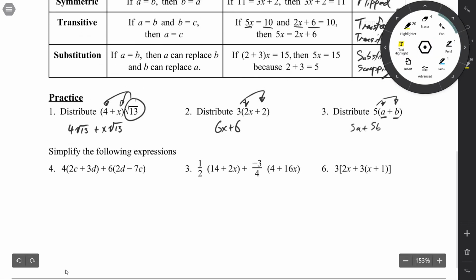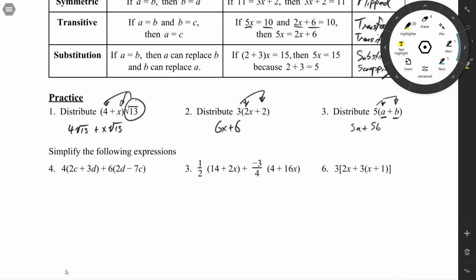Next, here on the bottom, we're just going to simplify these expressions. And these can take multiple steps, but if you go through the steps nice and slow, you shouldn't encounter any errors here. So let's distribute this 4 first into the 2c and the 3d. So we have 4c plus 6d plus, let's see, 6 and 2 is 12d minus 6 and 7 would give us 42c.